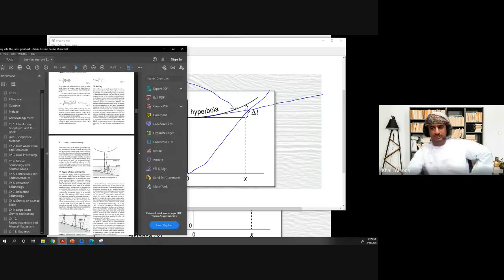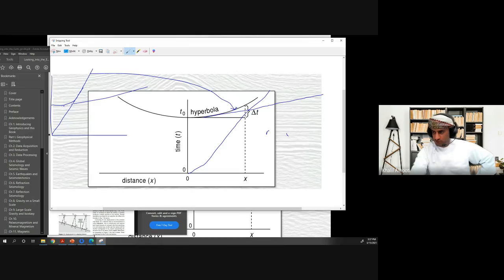That's what you were seeing. That's exactly the TX diagram you saw before. But this type of TX diagram happens whenever we do an off-end survey. That is, the source is here and the geophones in one line. A split spread survey gives you such a type of TX diagram.